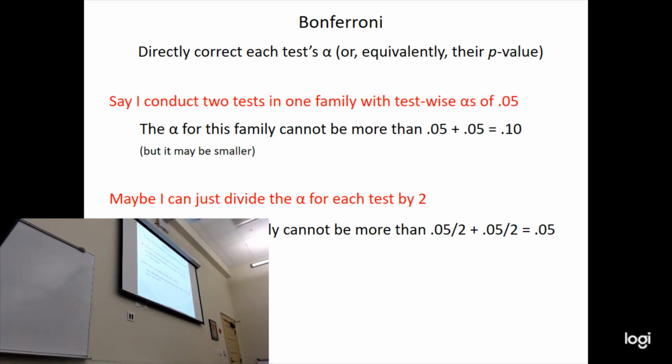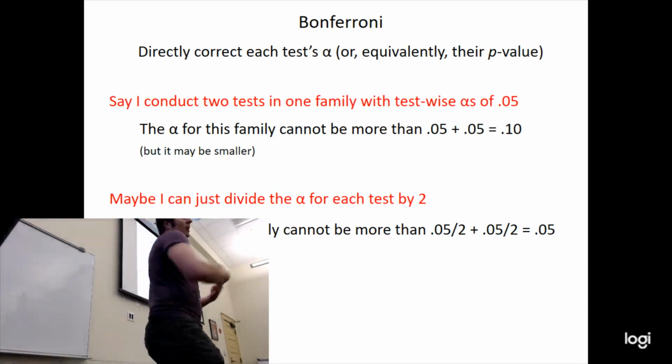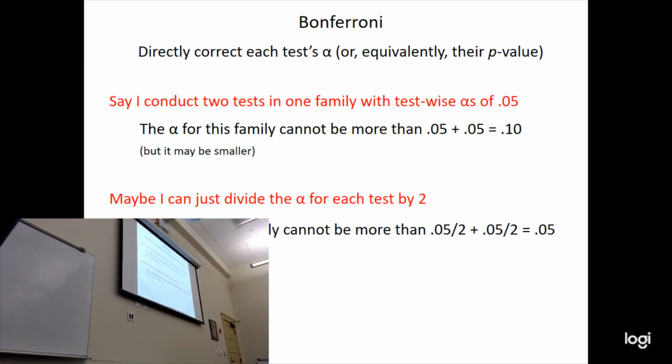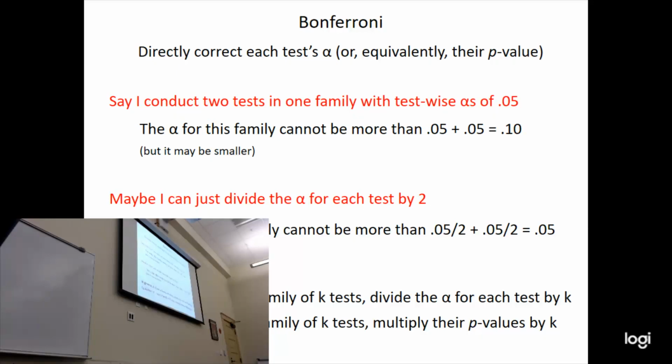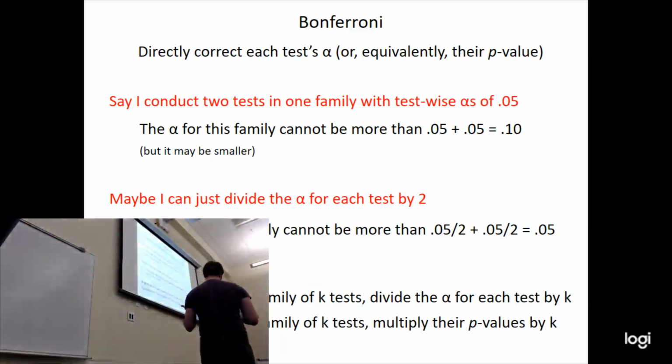So, goal achieved. We've done what we wanted to do. We've controlled the alpha level to at least 0.05. So the Bonferroni procedure is very simple.